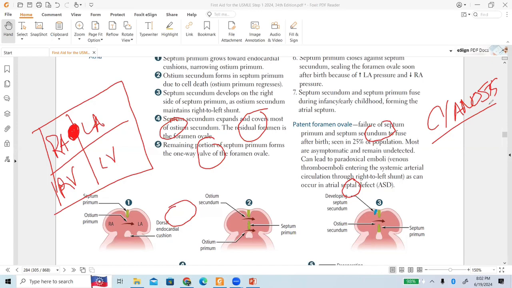On the basis of this concept, we divide congenital heart disease into two types: cyanotic congenital heart disease and acyanotic congenital heart disease. Any disease that leads to a right to left shunt leads to cyanosis, and any disease that leads to a left to right shunt doesn't lead to cyanosis.